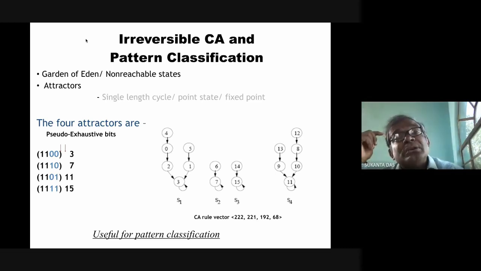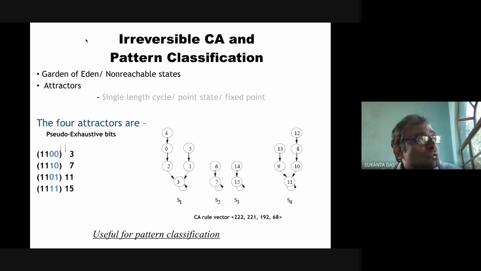And if you recall that programmable cellular automata structure, then you understand that these kinds of CAs can be implemented by that structure. So if you want to use cellular automata for different purposes and applications, you can use that structure as a universal pattern generator as well as for the design of other machines.